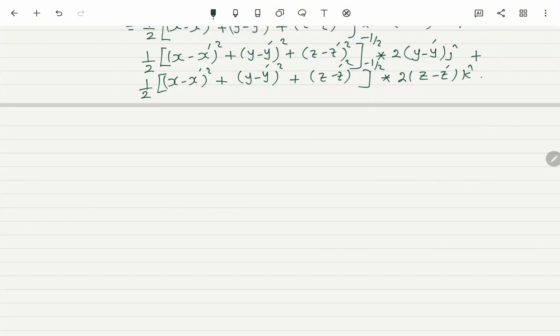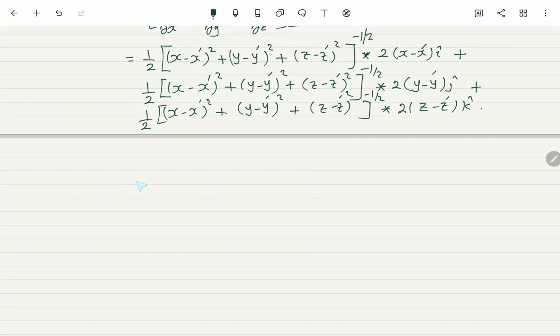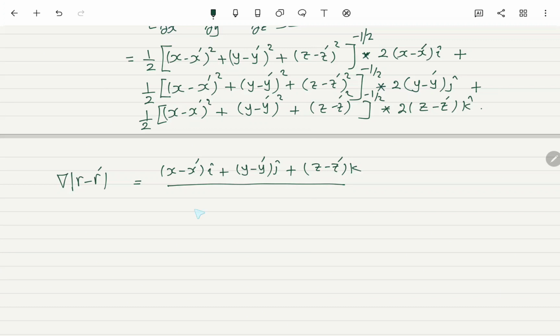Upon simplifying all this, you will get gradient of the magnitude of r minus r prime equal to (x minus x prime) i plus (y minus y prime) j plus (z minus z prime) k, all divided by (x minus x prime) square plus (y minus y prime) square plus (z minus z prime) square, all to the power half.